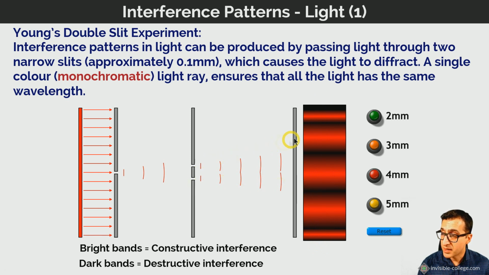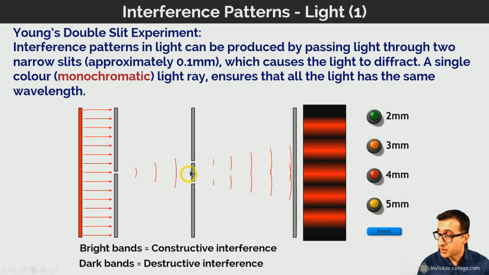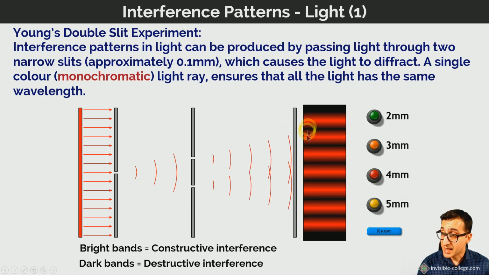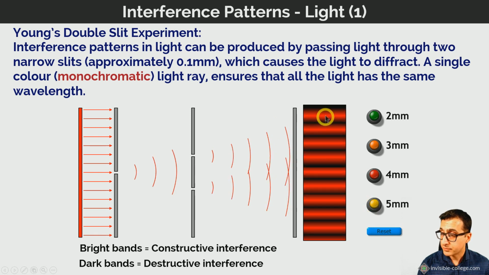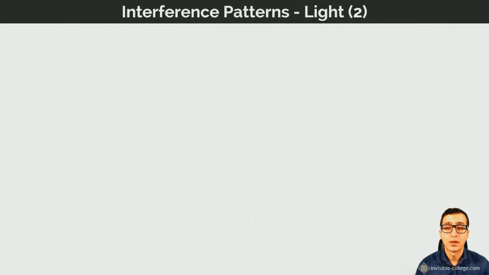Again, these regions are caused by constructive interference, and these regions are caused by destructive interference, where these two sets of waves overlap each other. If we change the distance apart to 3 millimeters, we can see a different interference pattern. If we change it to 4 millimeters, we can see yet another different interference pattern, and again, 5 millimeters, yet another different interference pattern.